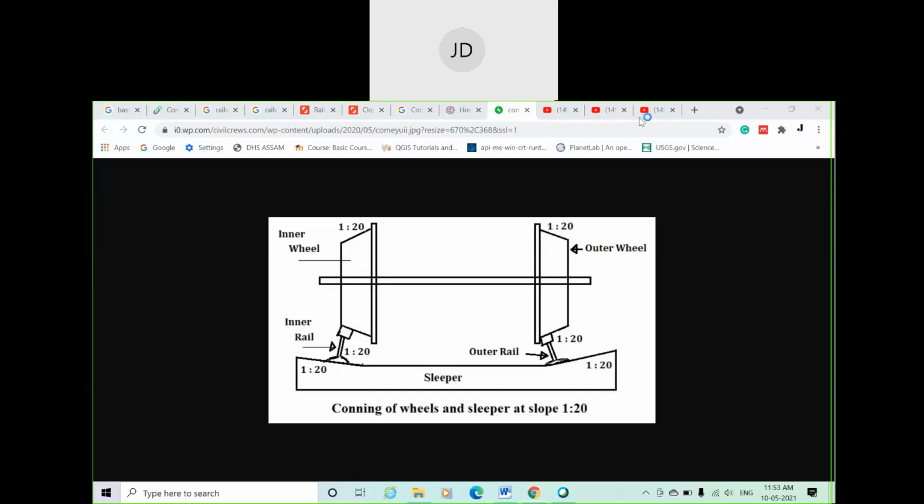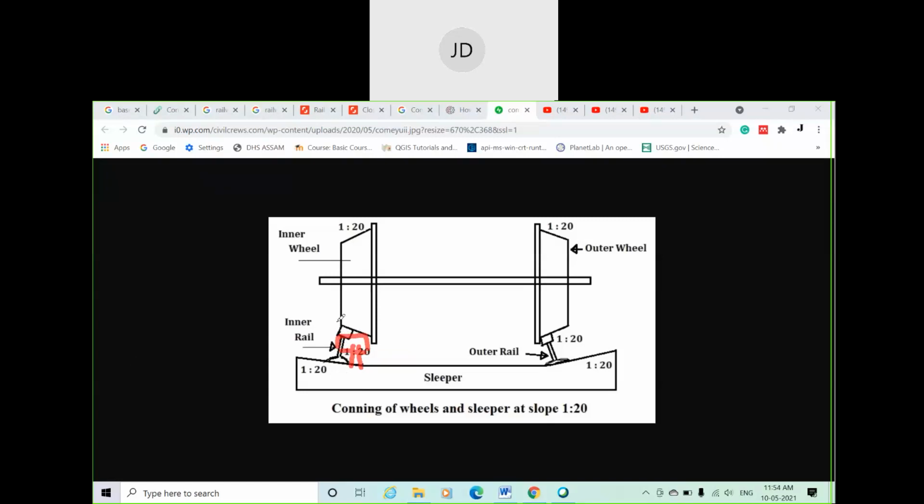If I draw a vertical rail here, suppose this is a rail part. This is a rail. I'm placing it on a horizontal sleeper, so it will become a vertical rail.